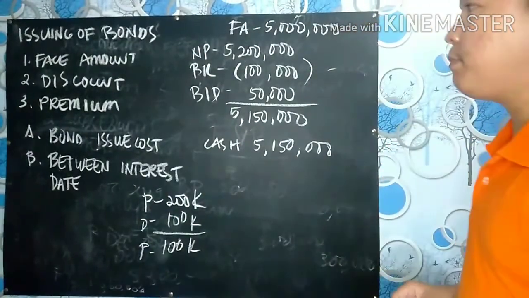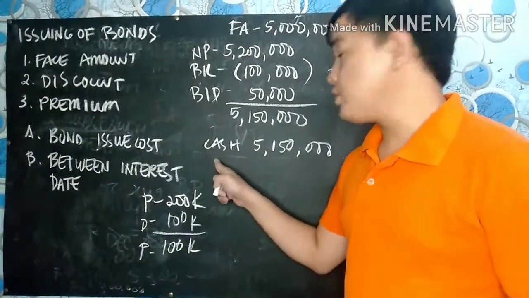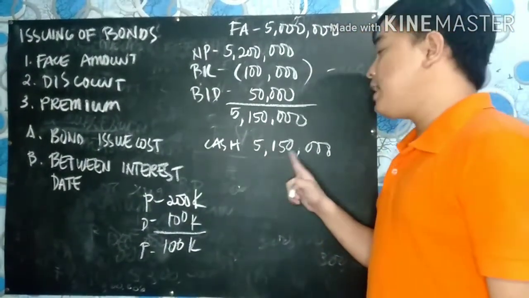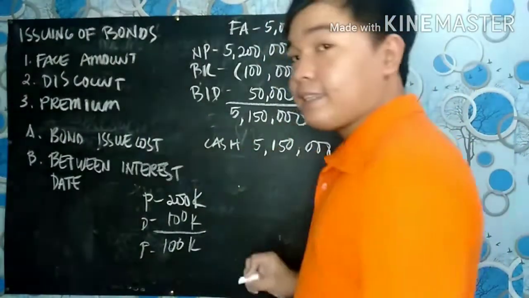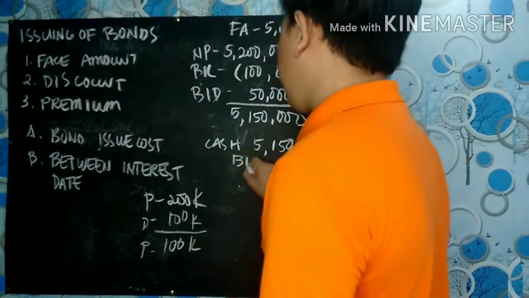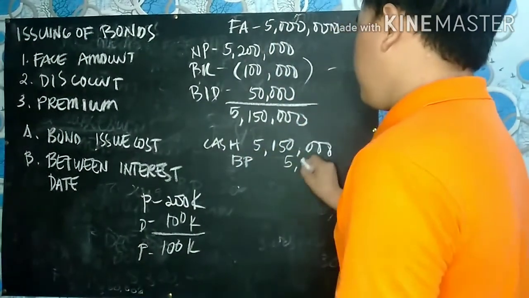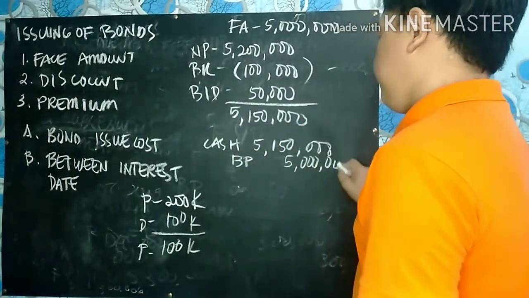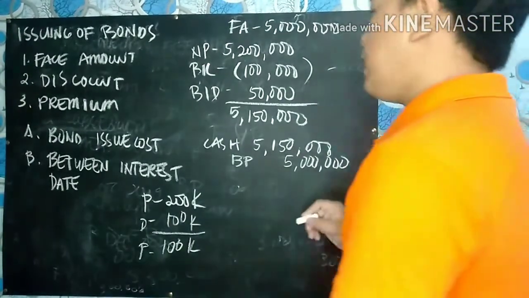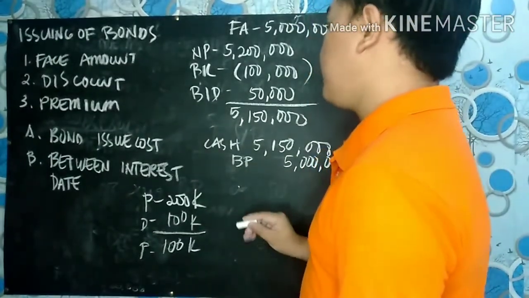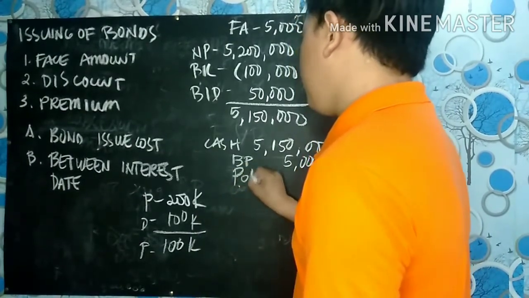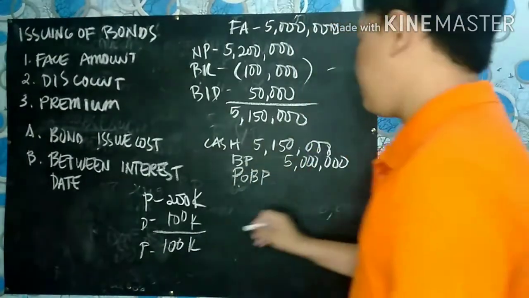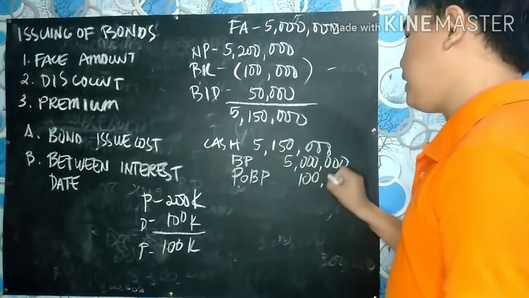So, ang magiging entry po natin, debit tayo ng cash for 5,150,000. Credit tayo ng bonds payable na 5 million. Okay? Then, credit tayo ng premium on bonds payable na 100,000.